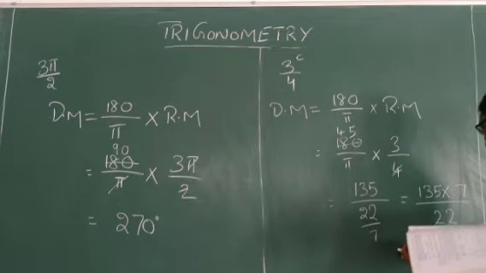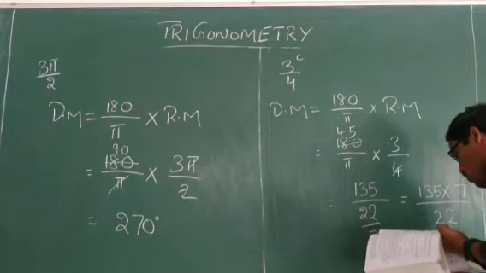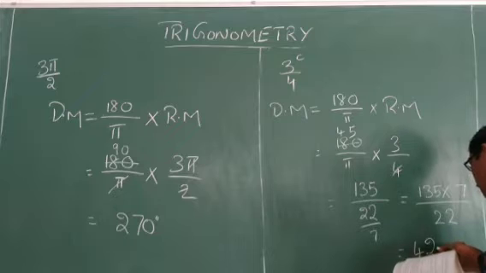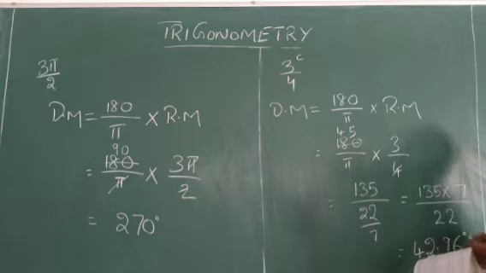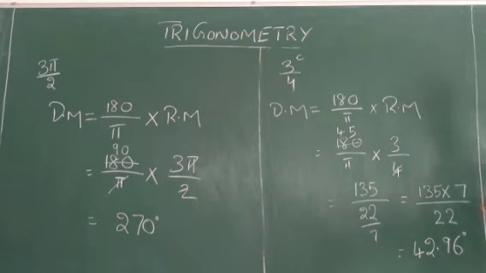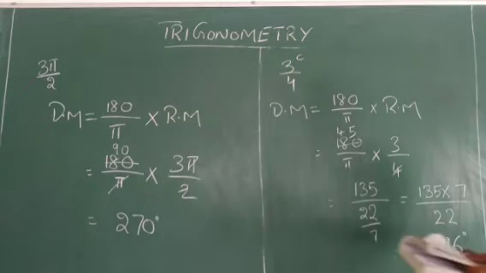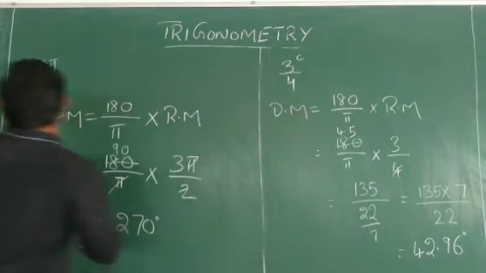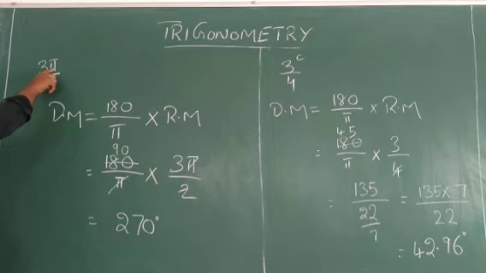So we simplify this, we get this is equal to 42.96 degrees. We can simplify, it is 42.97 degrees.